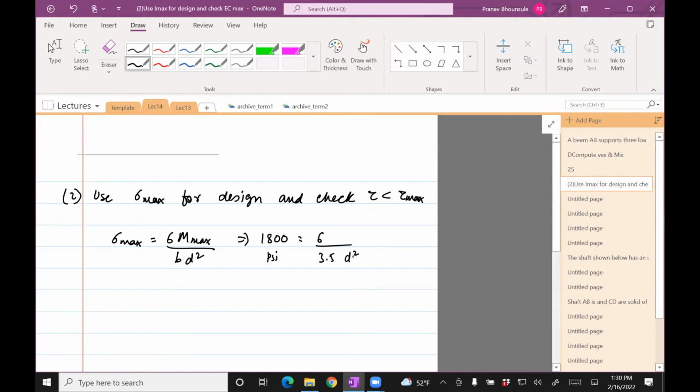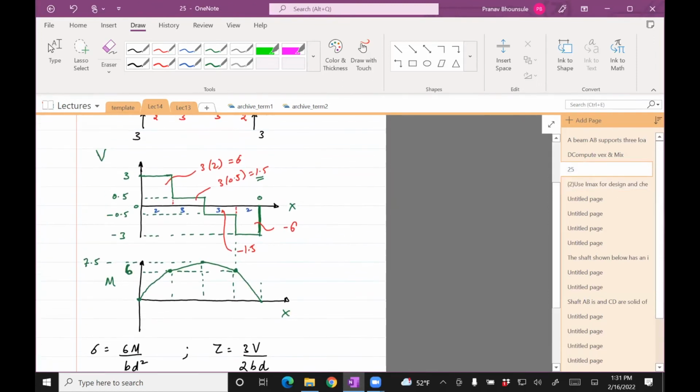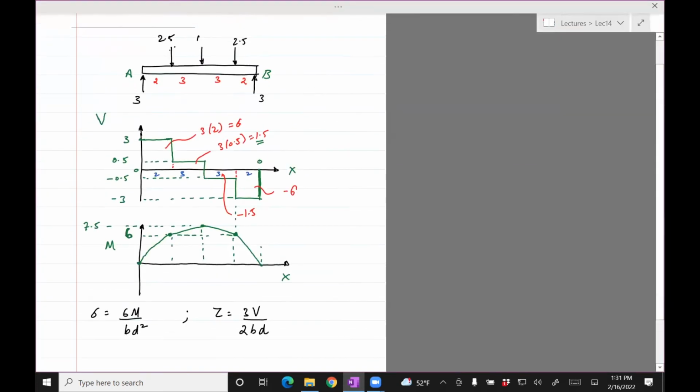D is unknown, and then we need to write the value for the moment in terms of inch-pounds, IPS. We need to find the maximum moment. So M is 7.5 at the maximum. What's the unit for this?